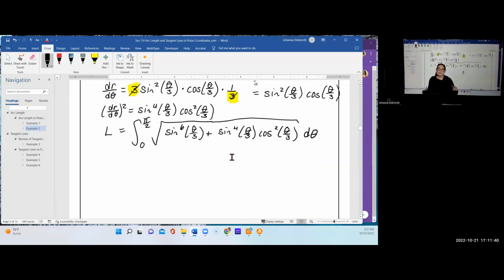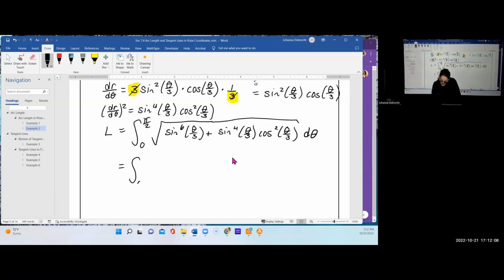Now, again, in order to simplify the radical, we have to do something about this addition because we cannot split a radical across sums. So we've got to do something so that they're only multiplied or divided. And the obvious thing is to take out a common factor. We do have a common factor of sine to the 4th of theta over 3. So we're going to take out the common factor of sine to the 4th.